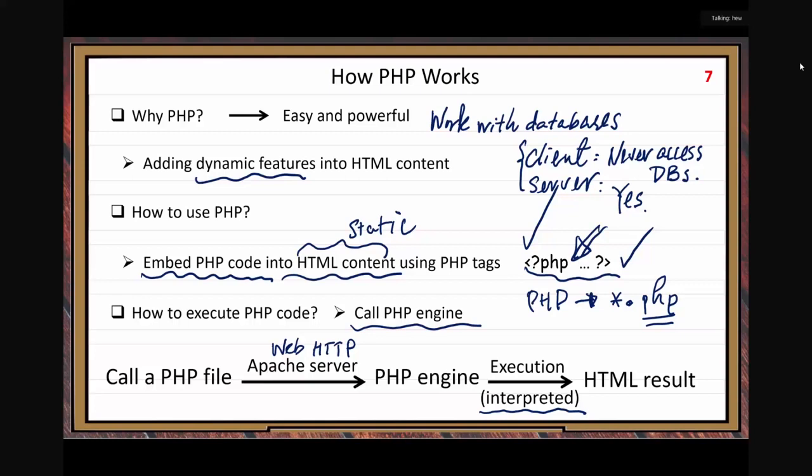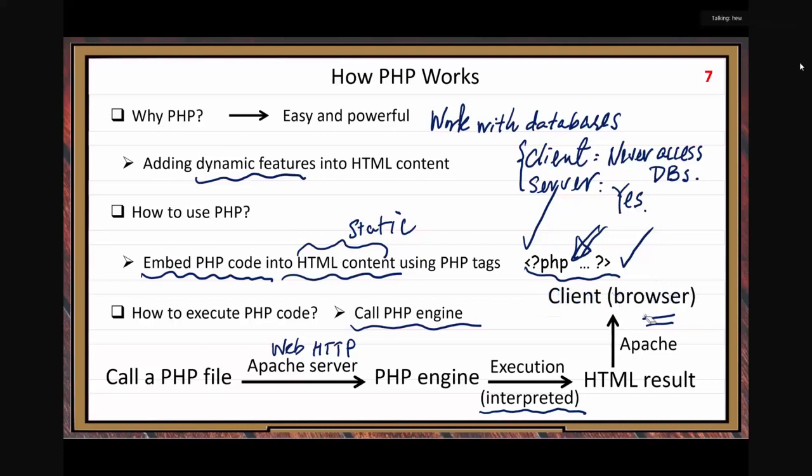Then this PHP engine sends the generated HTML content back to the Apache server as the processing result. The Apache server returns the result generated by the PHP engine and sends it back to the client web browser.